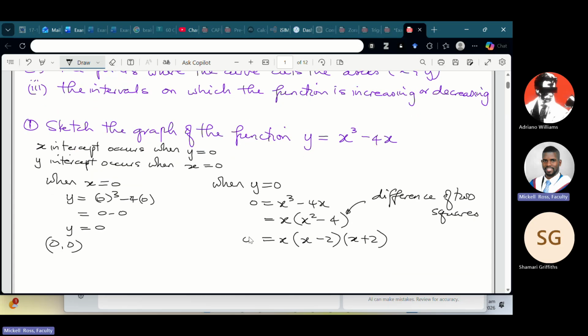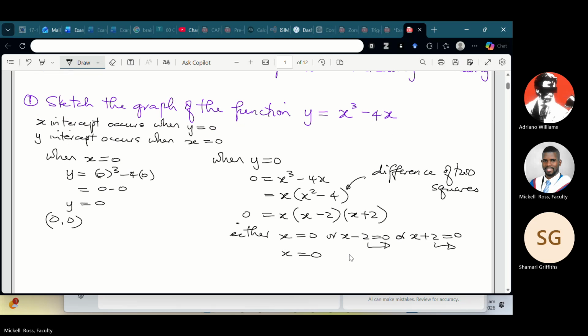So in order to solve this, we can say either x is equal to 0, or x minus 2 is equal to 0, or x plus 2 is equal to 0. Which means that x is equal to 0, or x is equal to 2, or x is equal to negative 2.